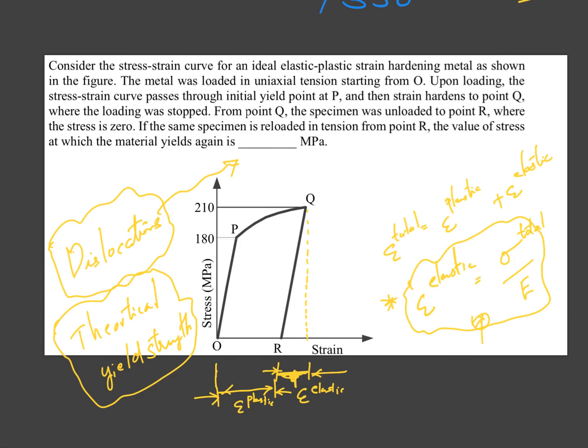It further increases the yield strength of the material, because yielding is simply the movement of dislocations. Now the dislocations are not allowed to move that easily, which means your yield strength increases from 180 to something like 210, and the material behaves as linear up to this point.